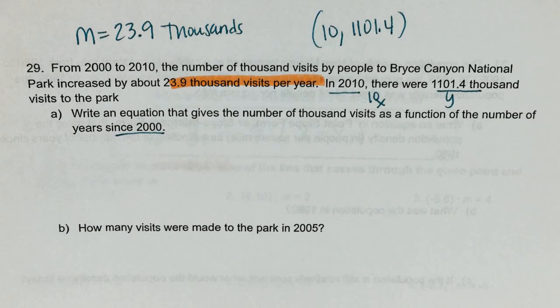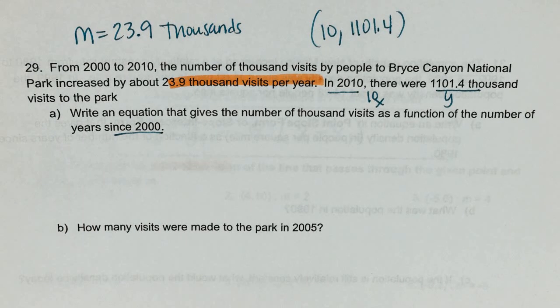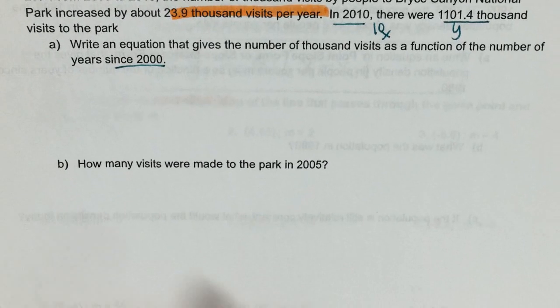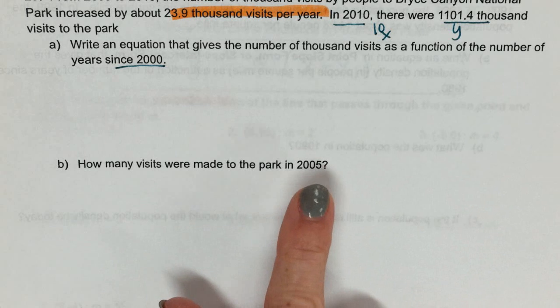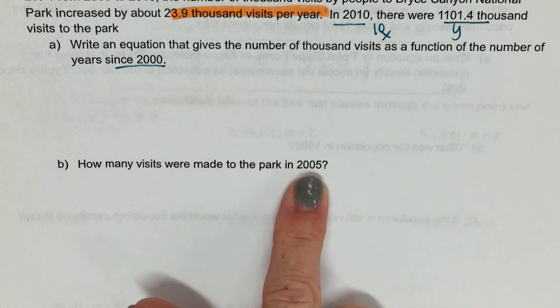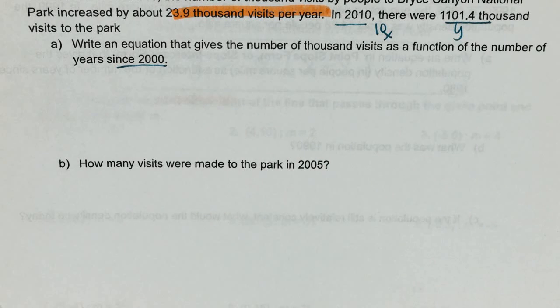So they gave you a point and a slope. Part A says write an equation. So you're going to write it in point slope form. Part B, you're going to solve with it. But you're not going to plug 2005 in for X. What would you plug in for X? 5, because it's 5 years since 2000. Does that make sense? Okay.